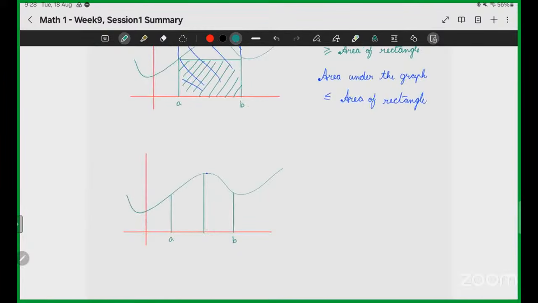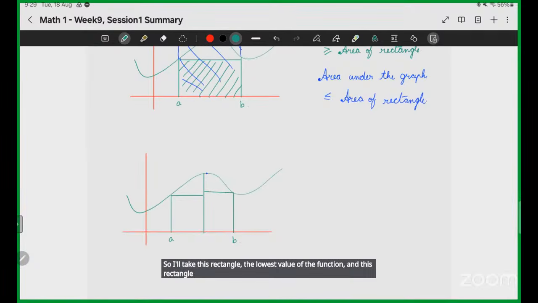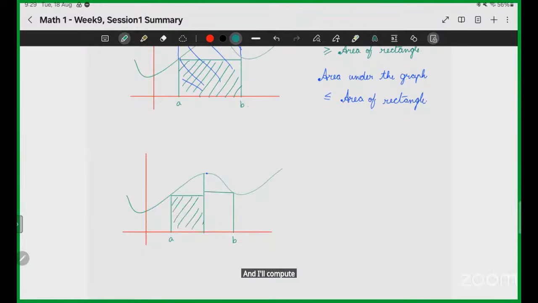Now I'll do the same estimation in this rectangle. I'll take the lowest value of the function in this rectangle, and in this rectangle, and I'll compute the area in these two parts.